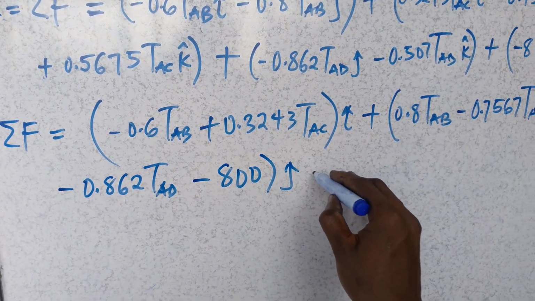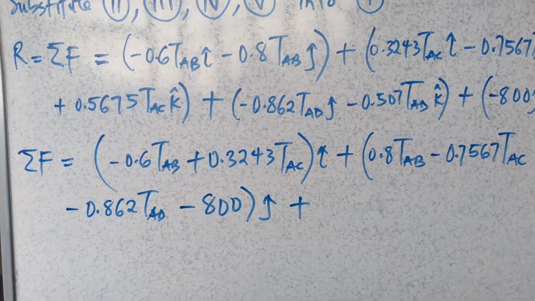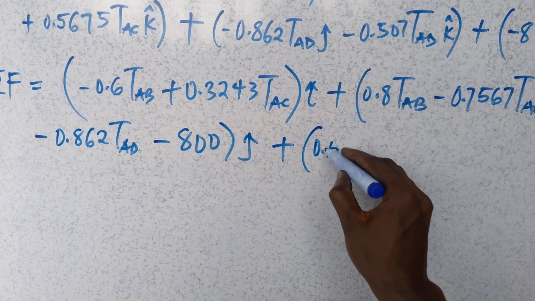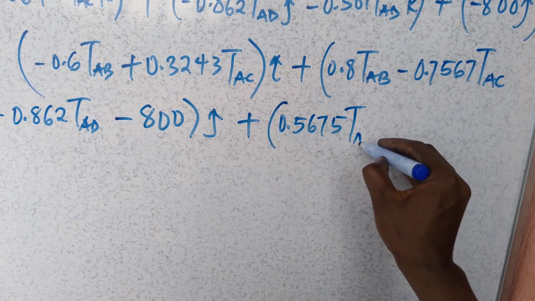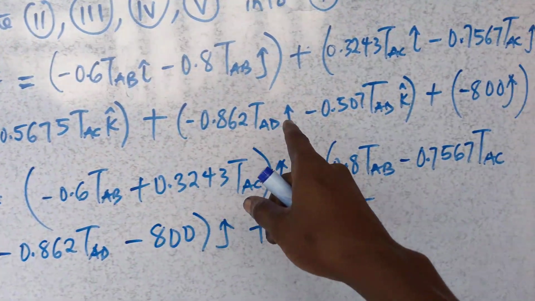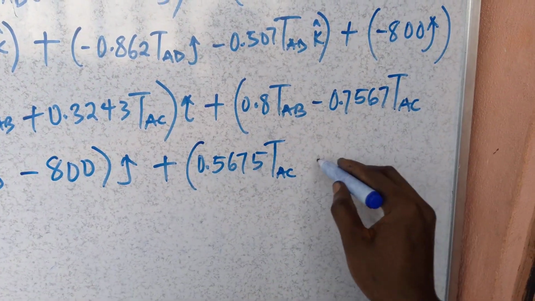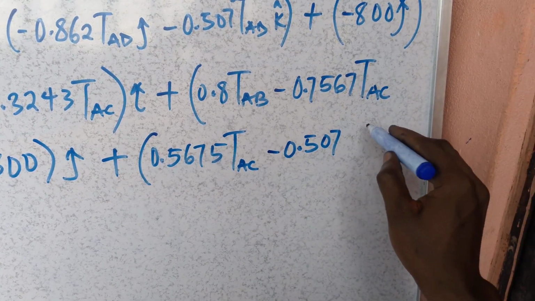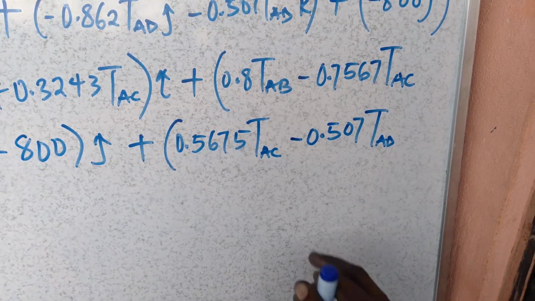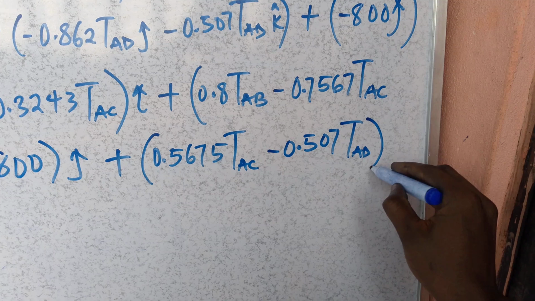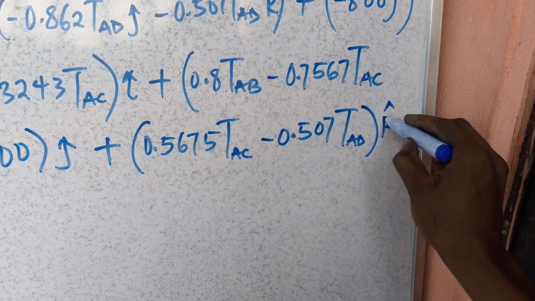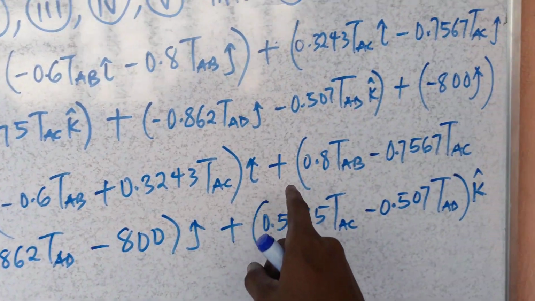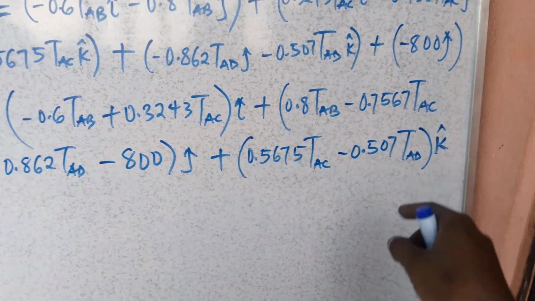I'll call this J. Then I look for K coordinates: 0.5675 TAC and minus 0.507 TAD. I call these K coordinates. So this is I, this is J, and this is K.